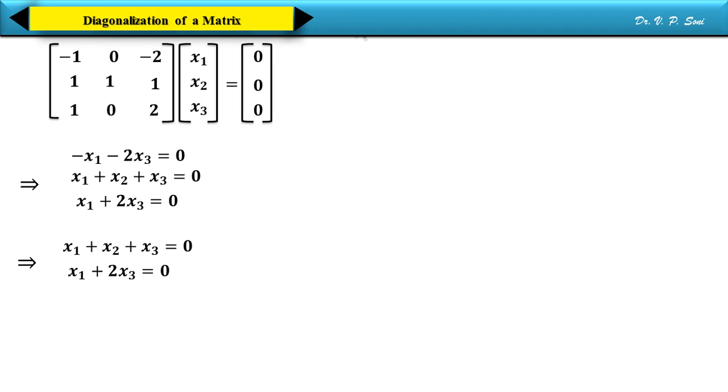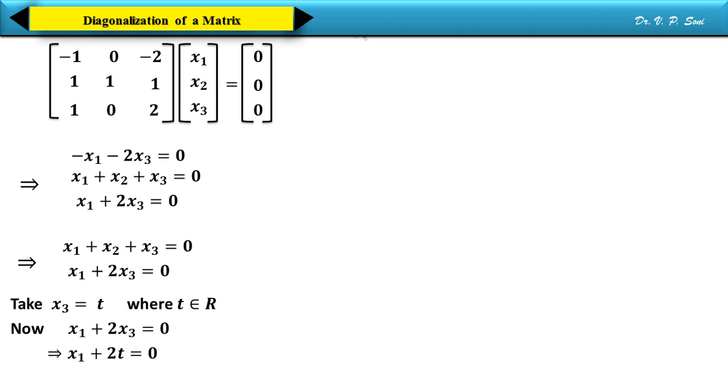Here there are two equations and three variables. Therefore take the last variable x3 equal to t, where t belongs to R. Now from the second equation, x1 plus 2 x3 equal to 0, this implies x1 plus 2 into t equal to 0 because x3 equal to t. This implies x1 equal to minus 2t.